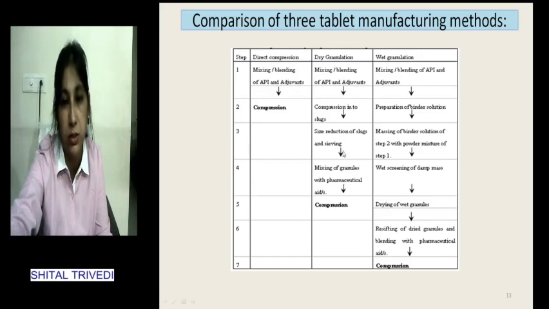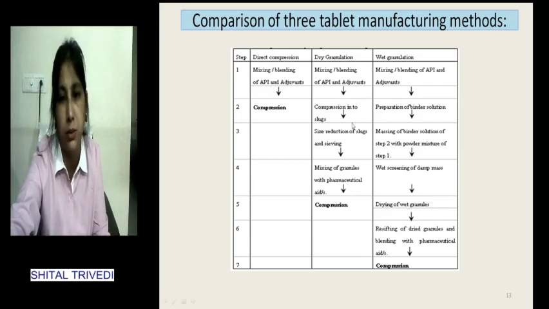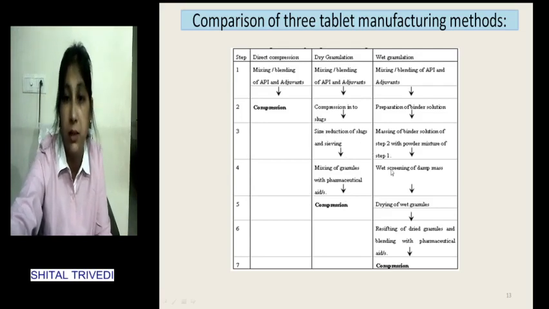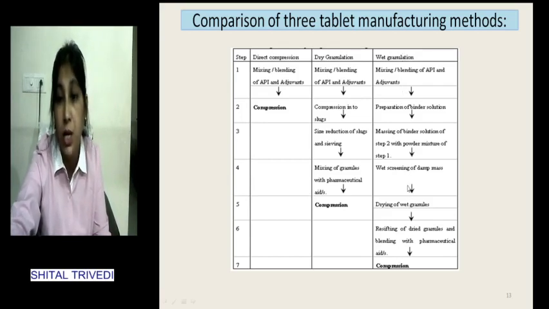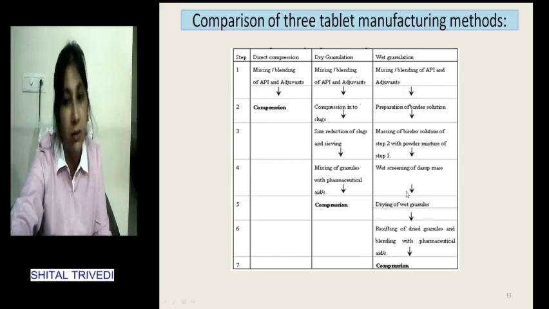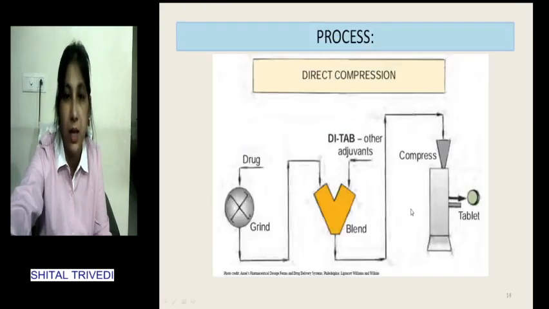Dry granulation involves multiple compression, usually double compression. Still the number of steps is more compared to direct compression, but less than wet granulation. And wet granulation is the longest process, and the number of unit operations involved is also high. So let's talk about the methods in detail.